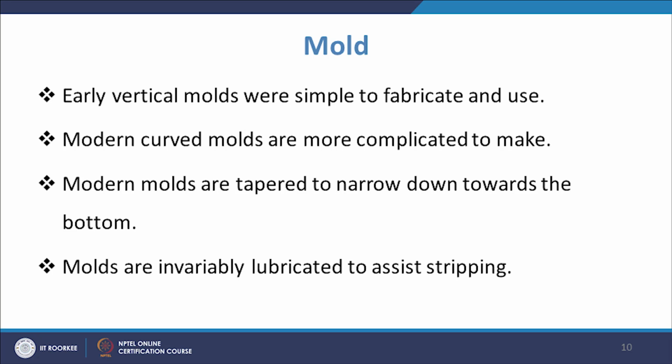Earlier we had vertical molds, then nowadays we get curved molds, which are complicated, and modern molds are tapered to narrow down towards the bottom. This is basically to account for shrinkage, because the metal which is getting solidified has a higher density.